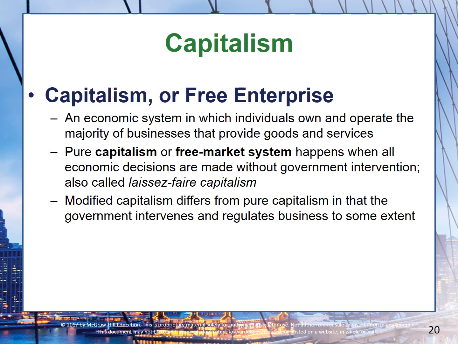We are in the United States more of a modified capitalism because even though we are free to operate our businesses, we do have government regulations, rules that we have to abide by. One thing you want to think about is that free enterprise provides an opportunity for business to fail or succeed based on demand, and the government generally won't have any backlash as to what you're selling.